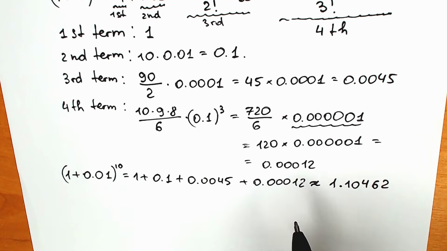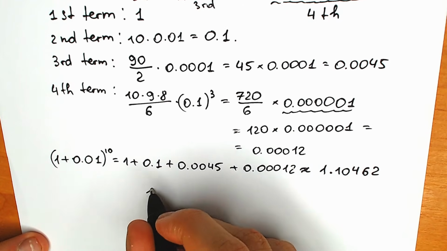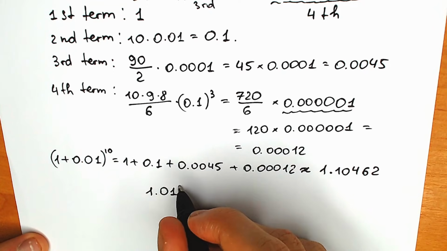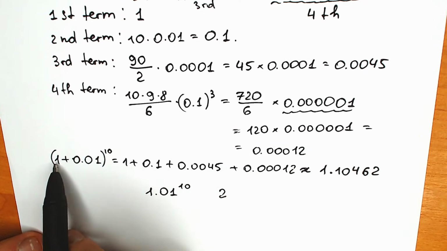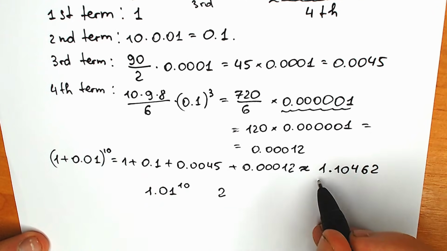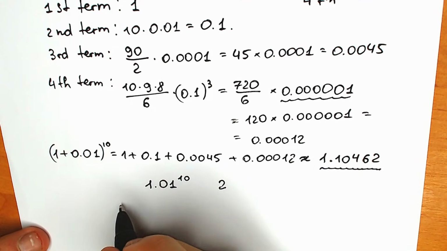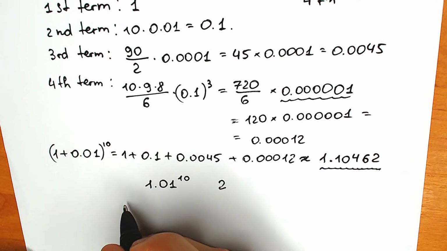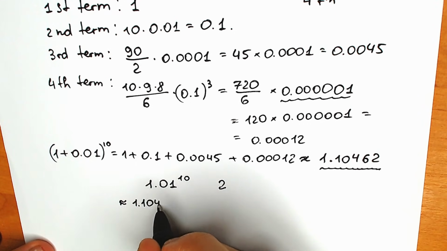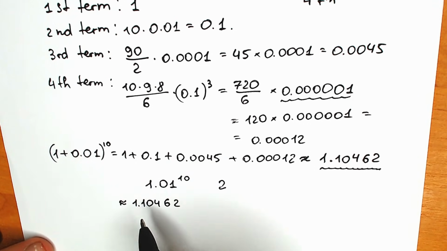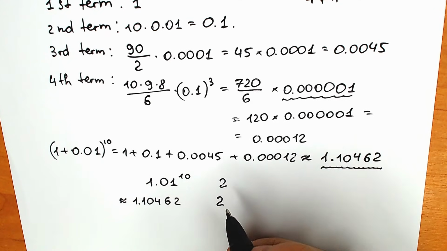So let's make a real quick conclusion. First of all, let's rewrite our question from the beginning. We have 1.01 to the power 10, and we have 2 on the right. This is our question from the beginning, but right now we can easily say that this expression is approximately equal to 1.10462, and of course we have 2 on the right side.